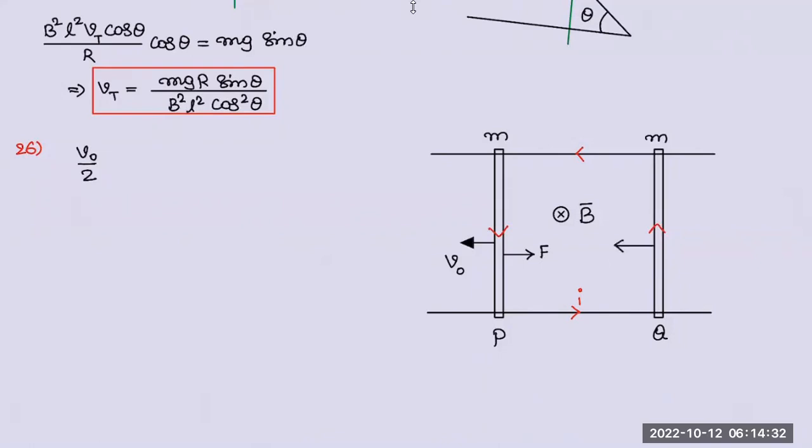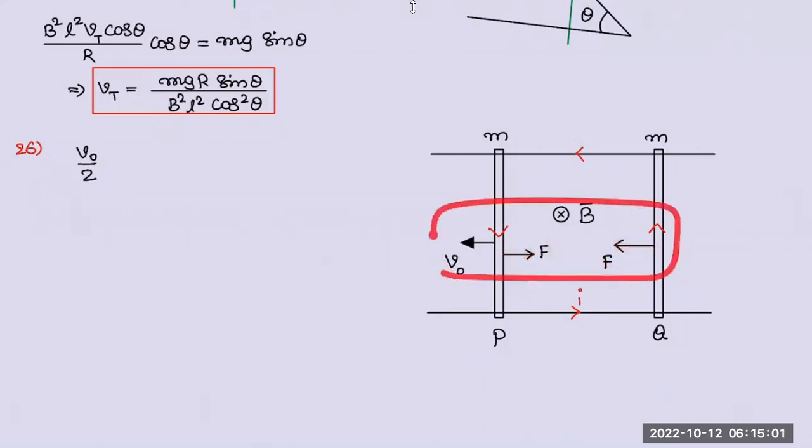So the force magnitude-wise must be equal. F is equal to BIL, B is same, I is same, L is same. So the force on this will decrease the velocity, and the force on this will increase the velocity.